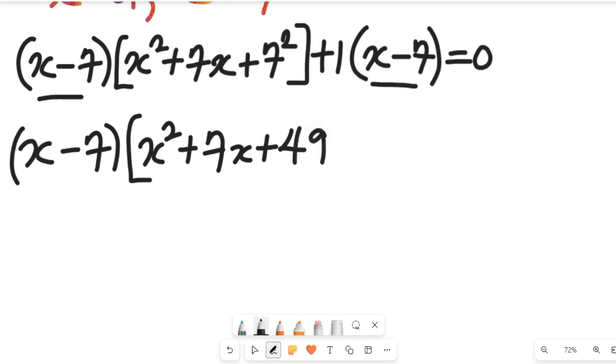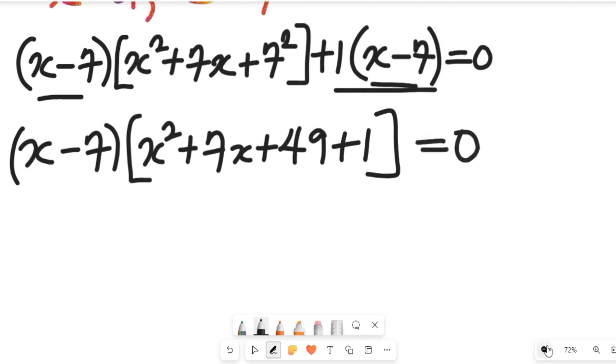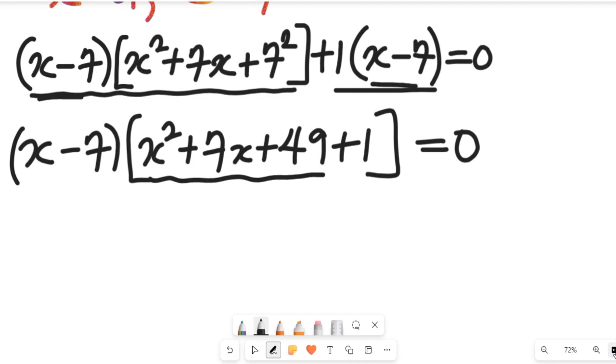Then if x minus 7 divides this whole part, we're going to have plus 1 remaining, and all of these will be equal to 0. Remember, if all this is divided by x minus 7, we'll have this whole thing remaining, right? And that is how we got that expression.